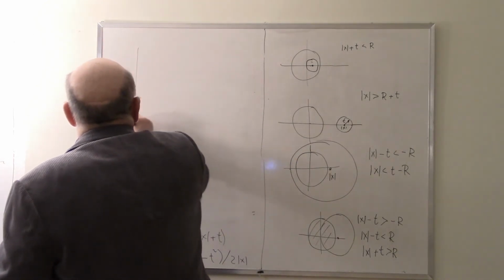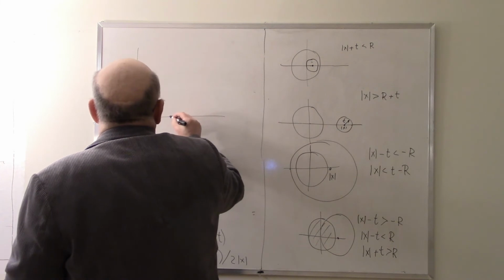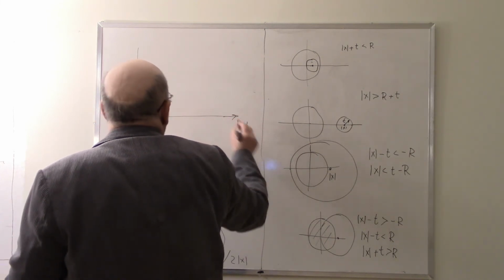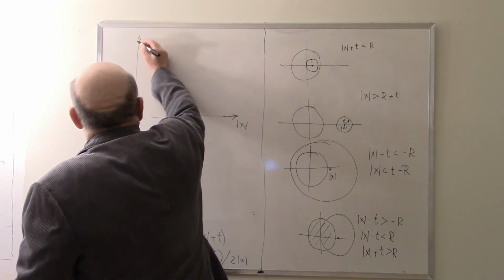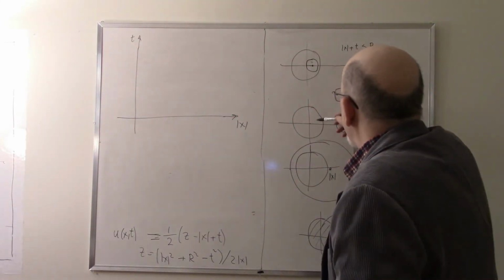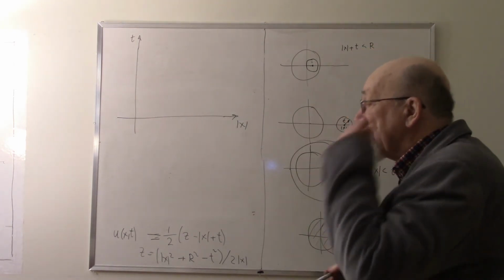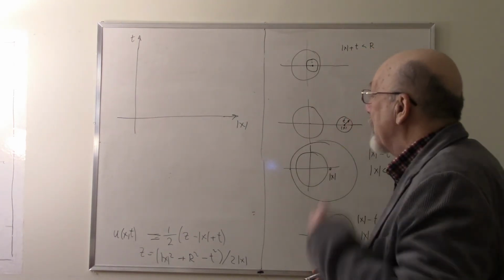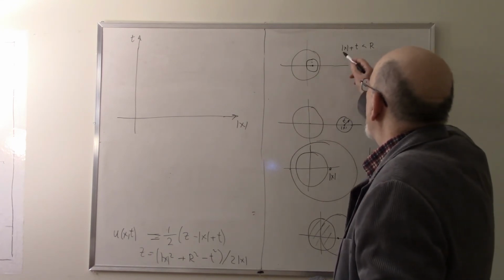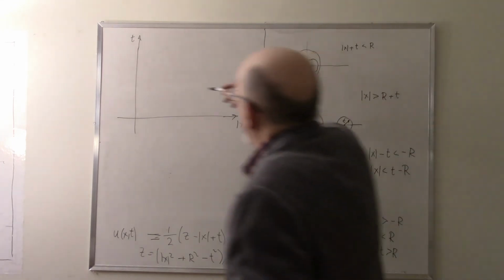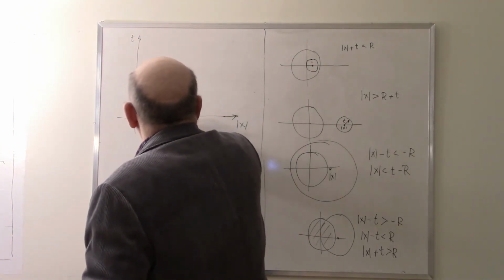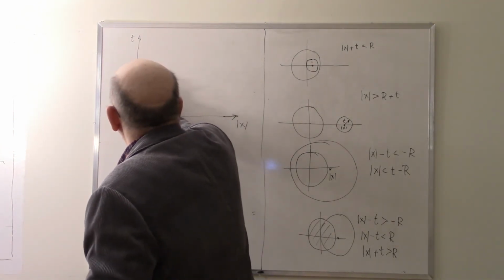And so let us draw the diagram. Here is modulus of x, and here is t. These 4 cases correspond to 4 domains in this diagram. So this case, modulus of x plus t less than r. It is here. It is r, r.